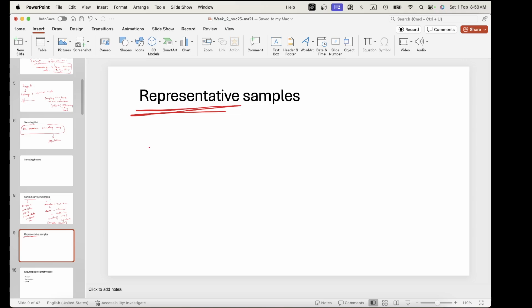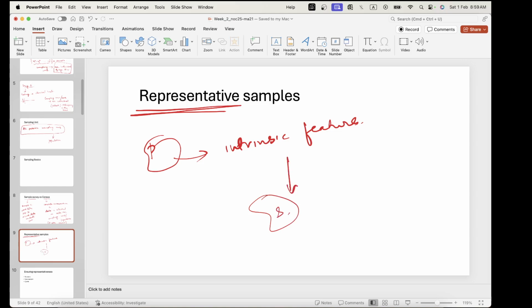So one of the most used ways would be, if I have this population P, it will have some intrinsic features, so my sample should have those features.